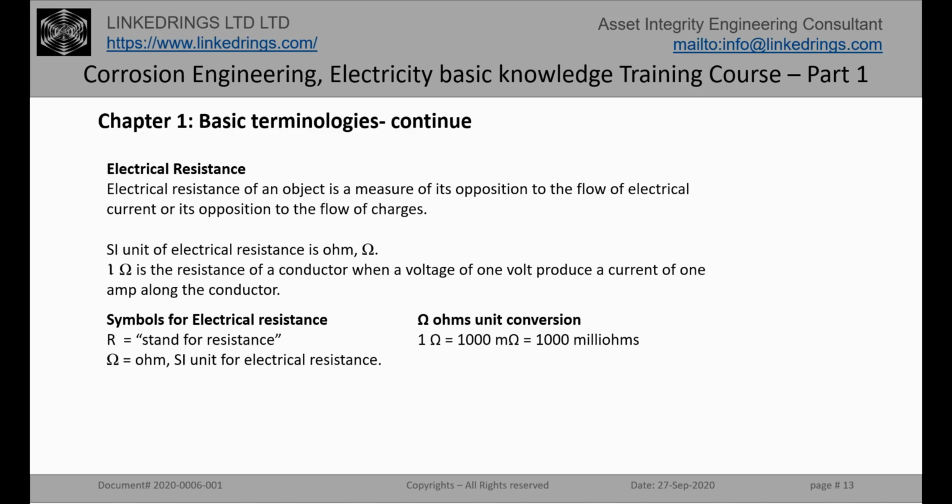Here we also have 1 ohm equals 1000 milliohms. 1 ohm equals 1 million microohms. 1000 ohms equals 1 kilo ohm. 1000 kilo ohms equals 1 mega ohm.